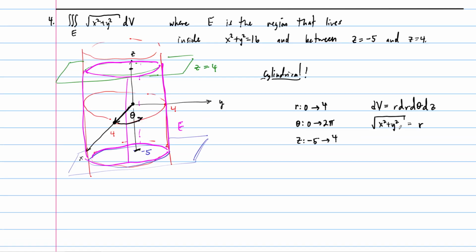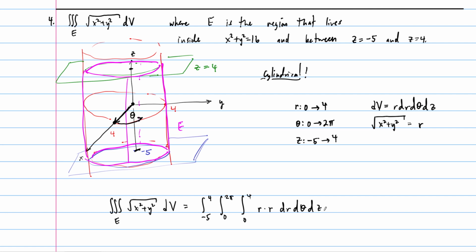And so now when we rewrite our triple integral over E of the square root of x squared plus y squared dV, this is going to become the integral from -5 to 4, integral from 0 to 2 pi, integral from 0 to 4 of r times r dr d theta dz.